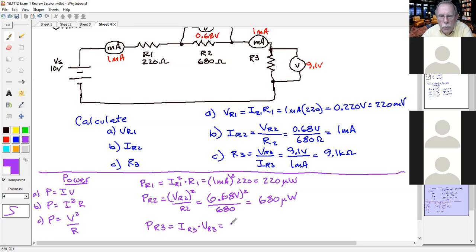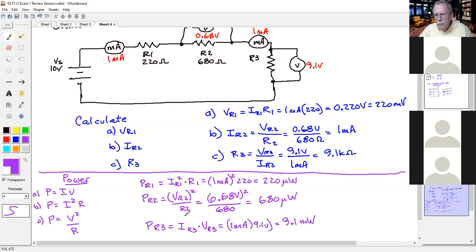So I've got 1 milliamp times 9.1 volts, which gives me 9.1 milliwatts.